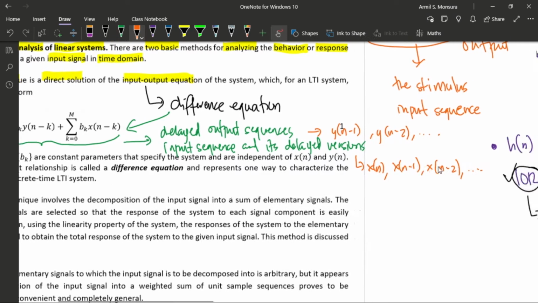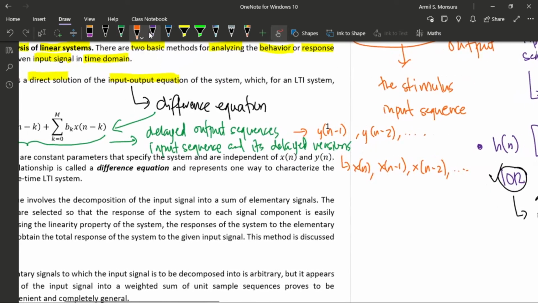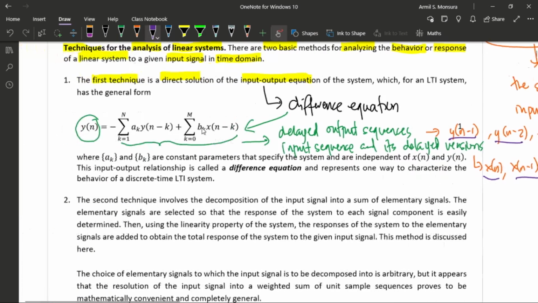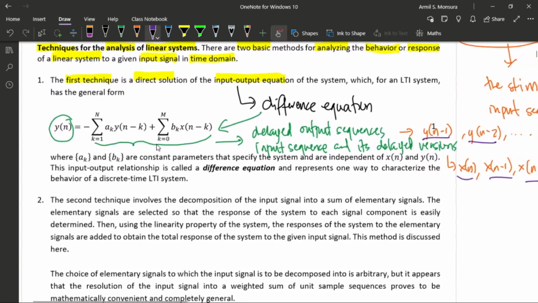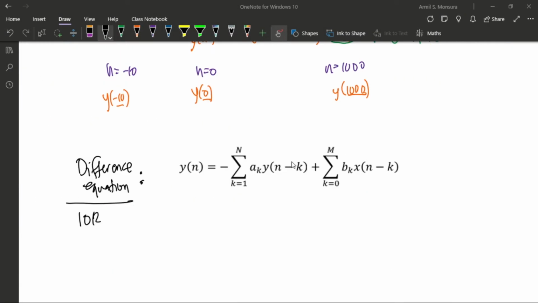We just take note that all of the sequences that are involved in this equation. So, let me write this anew. So there. This is the general form of your difference equation or of your IOR.